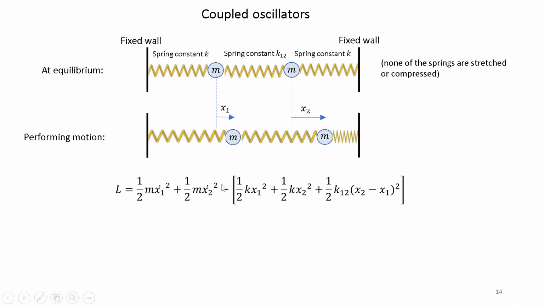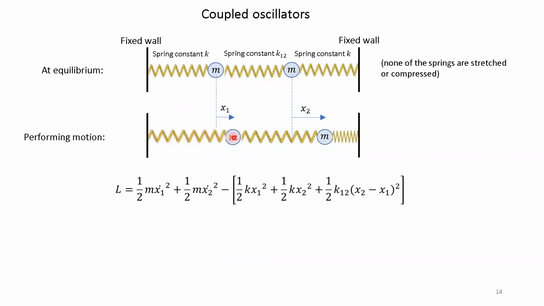Again, kinetic energy, potential energy. The kinetic part doesn't have much problem. The kinetic energy for this particle is given here, and the kinetic energy for the other particle is given here. Now we look at the three terms for the potential energy. First term, 1/2 k x1 squared, referring to the potential energy of the spring on the left.